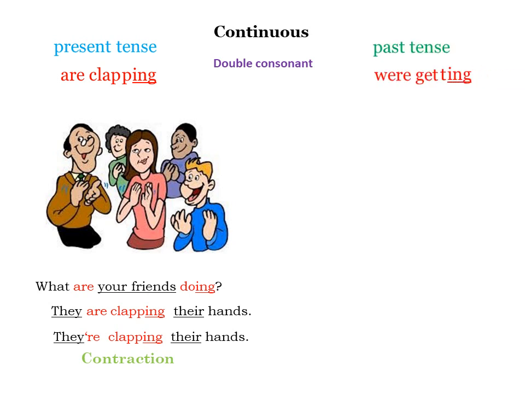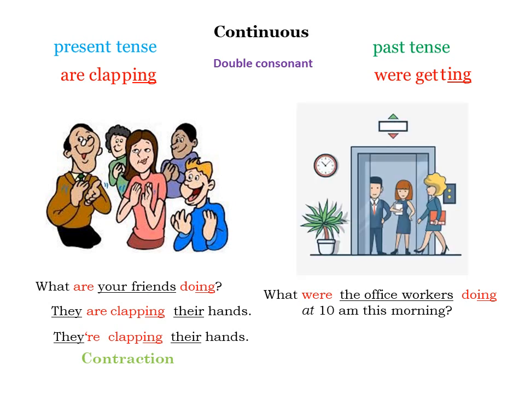Past tense were getting. What were the office workers doing at 10 a.m. this morning? They were getting on the elevator.